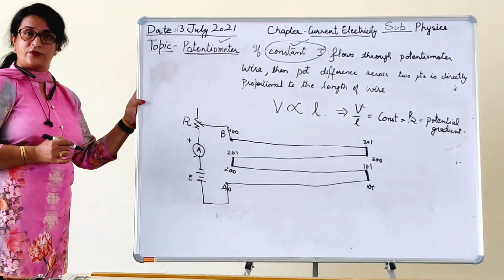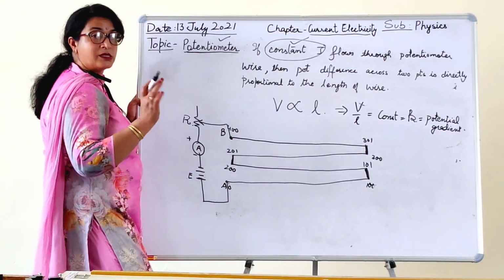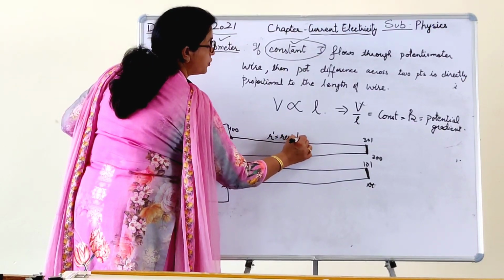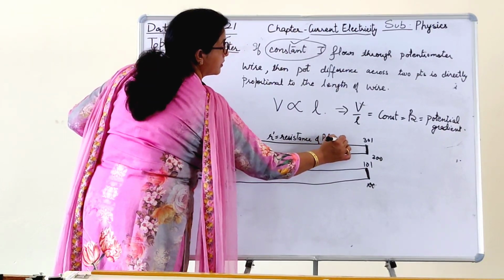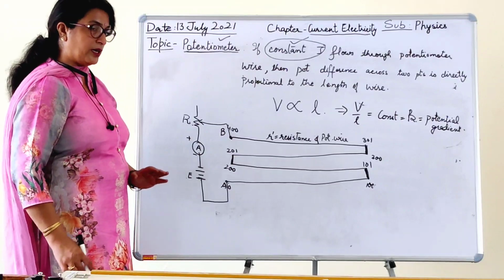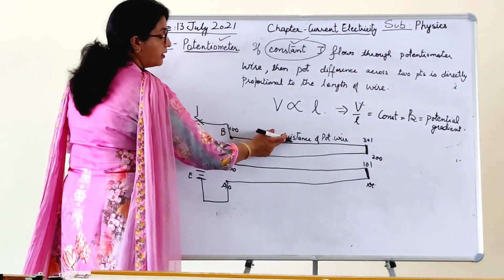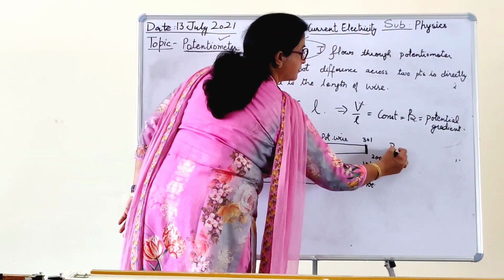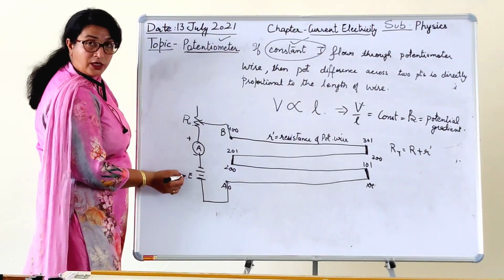Let the resistance of this rheostat be capital R. Now since this wire is also connected, the battery of EMF E is connected.